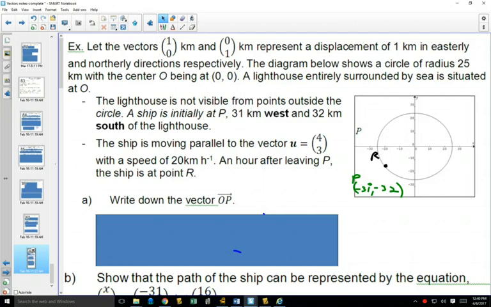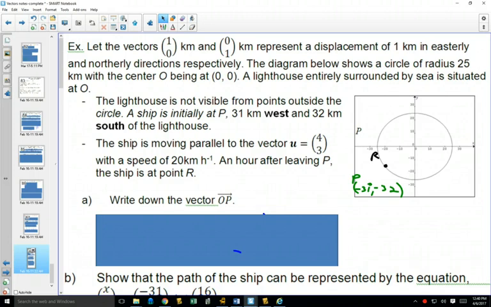And that lighthouse is not visible if you're outside of that circle. There's a ship initially 31 kilometers west and 32 kilometers south. So on our diagram, that would be at negative 31, negative 32. The radius of that circle is 25 kilometers. So currently, the ship can't see the lighthouse.